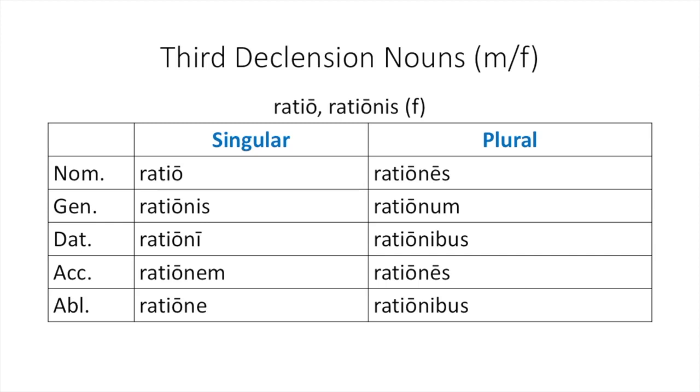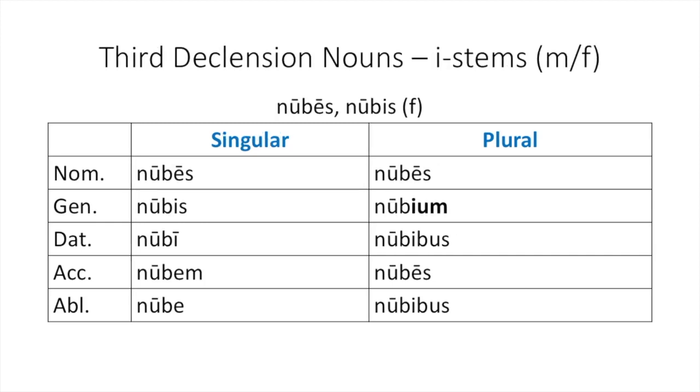Now that we've reviewed our third declension endings, let's look at a third declension masculine feminine I-stem noun. So nubes, nubis. You know it's an I-stem noun because of that es in the nominative singular, and because nubes and nubis have the same number of syllables, and, well, because we tell you it's an I-stem noun.